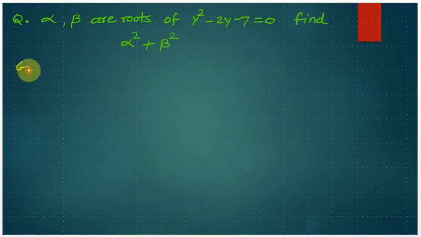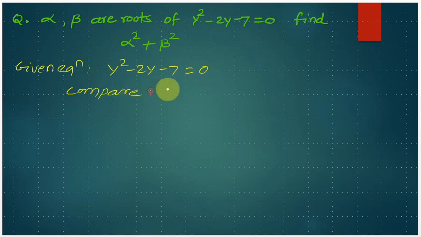Take the given equation. The given equation is y square minus 2y minus 7 equal to 0. Compare it with the standard form a y square plus b y plus c is equal to 0. We get a is equal to 1, b is equal to minus 2, c is equal to minus 7.